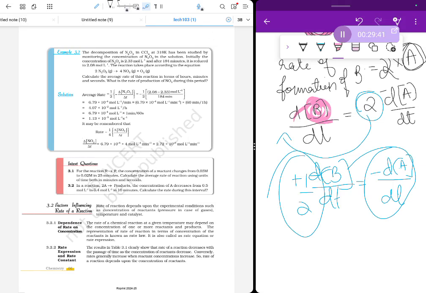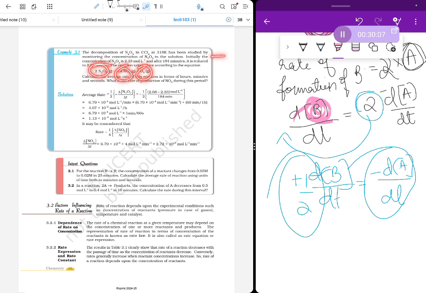Okay, so it's almost time. We will just check the example they have given here. The decomposition of N2O5 in CCl4 at 318 Kelvin has been studied by monitoring the concentration of N2O5 in the solution. So N2O5 is decomposing like this, it has been observed.